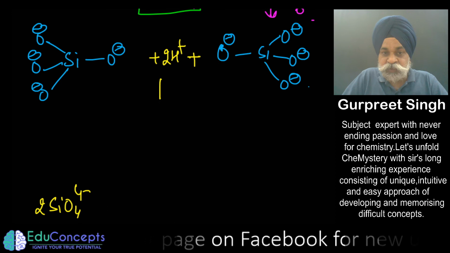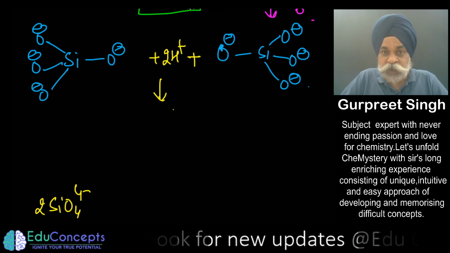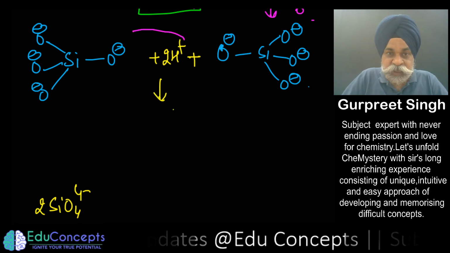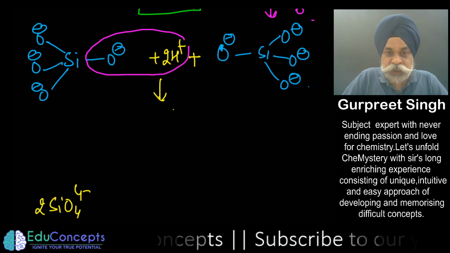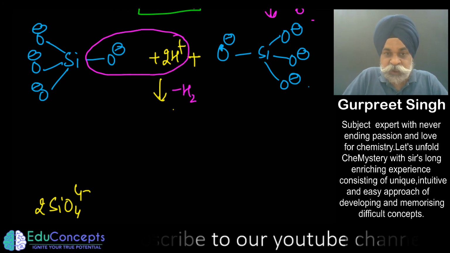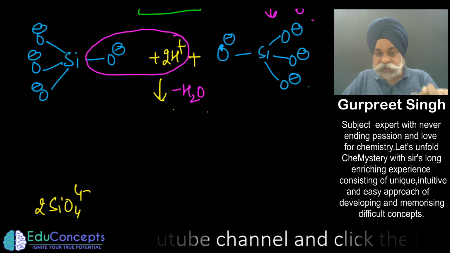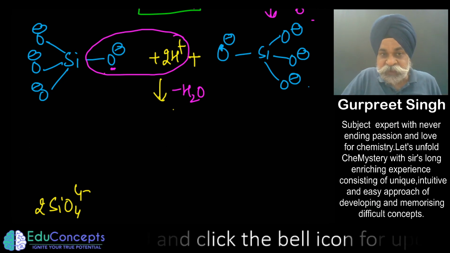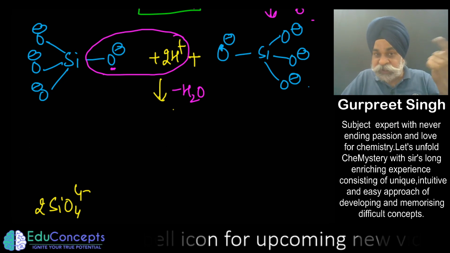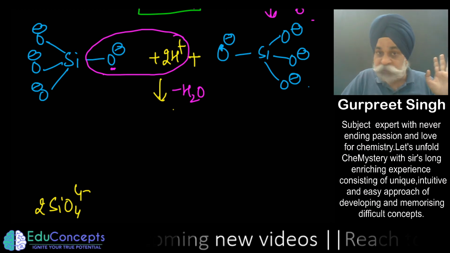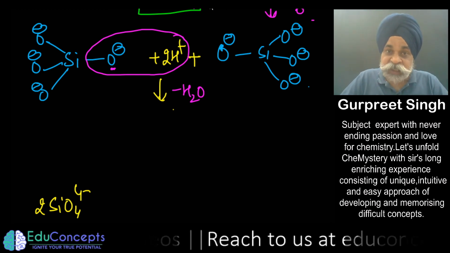Now if I put 2H positive, I am taking out one oxygen as water. So this went out as water. As soon as water has gone out, the negative charge which this oxygen was carrying has been omitted out. And thereafter what would happen?